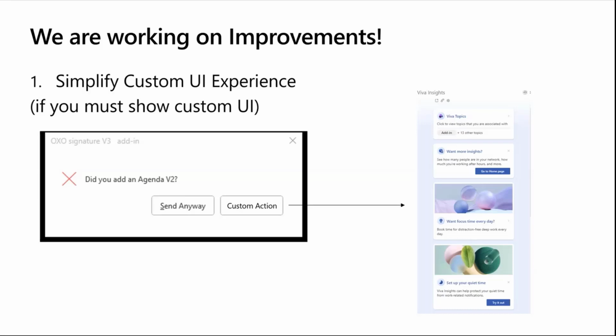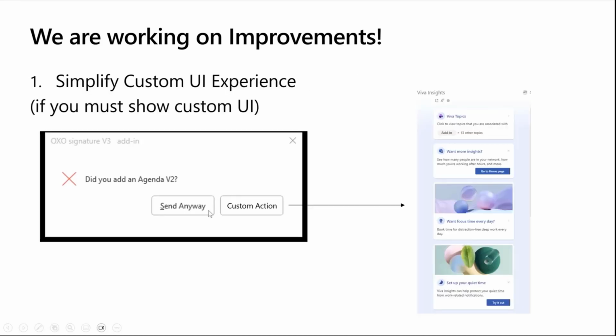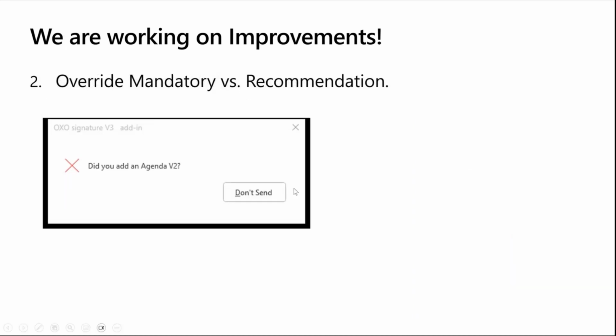And then the other thing that we're doing is the override of mandatory versus recommendation. So today, you have control of what buttons you show in this dialog. If you select the soft block mode, the prompt user mode, we provide you a send anyway option, or not. That's basically what you can customize here. Many of these add-ins, and maybe that's your case also, are validating many policies when you're sending an email.